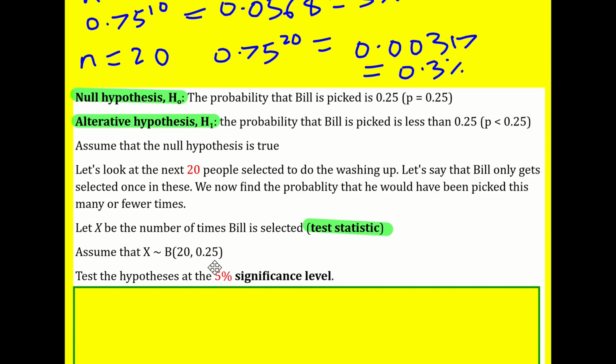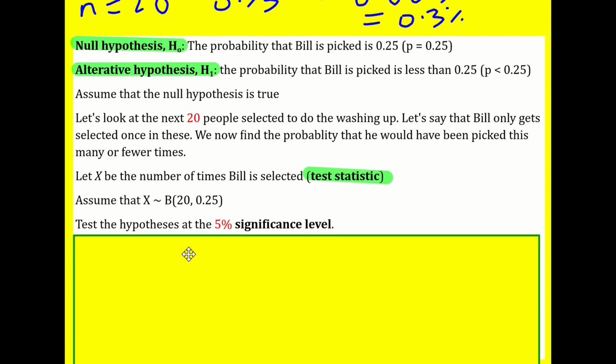That's why I've written this in red. It's not 5% every time. If you want to be reasonably confident, you might make it 10%. If you want to be pretty confident, 5%. Very confident, 1%. Extremely confident, maybe use a 0.1% or 0.5% significance level. It's about how confident you want to be.